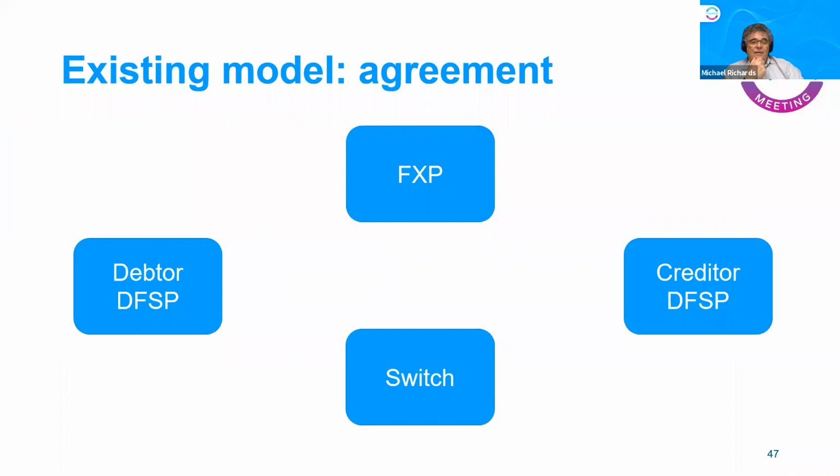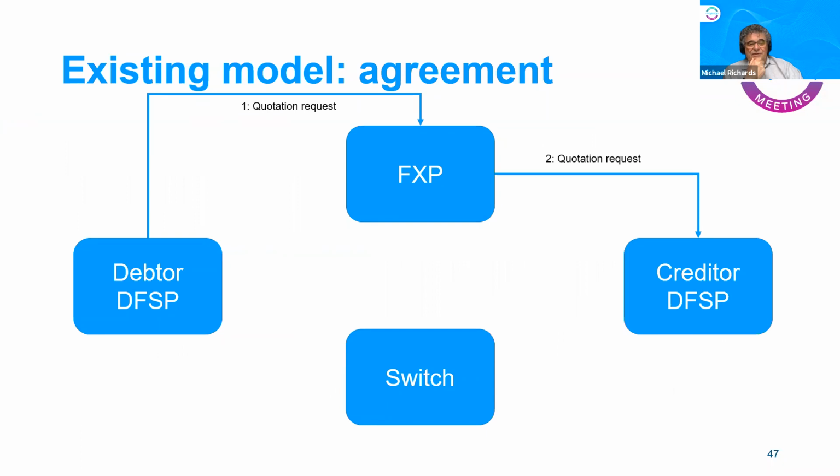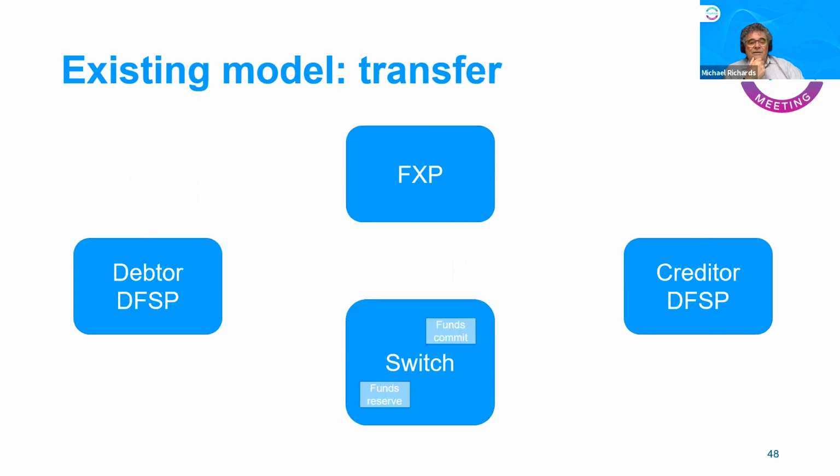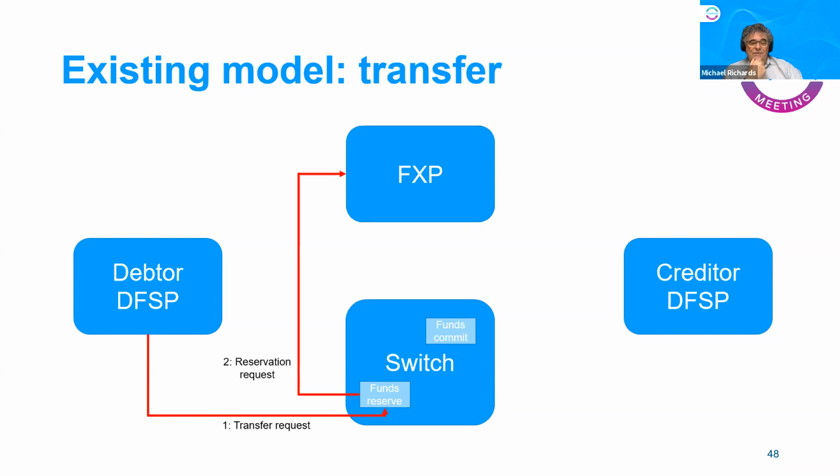So how would this work? The existing model for agreement is it goes to the FXP, goes to the creditor DFSP, back again to the FXP, and back again to the debtor DFSP. So for transfers, things get a bit more complicated. First of all, transfer request goes to the switch and funds are reserved against the debtor DFSP.